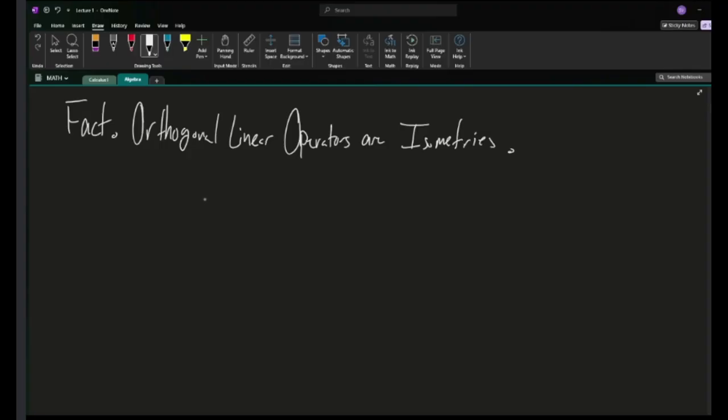The reason why we do have that orthogonal linear operators or isometries is that similarly, if we take a function from a linear operator or an orthogonal linear operator, let's label it phi, u minus phi of v is equal to phi of u minus v, which has that homomorphic variation.